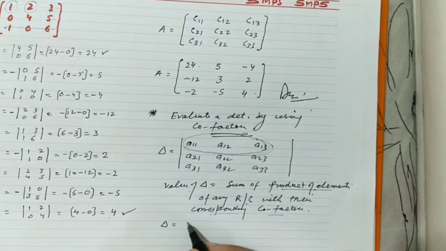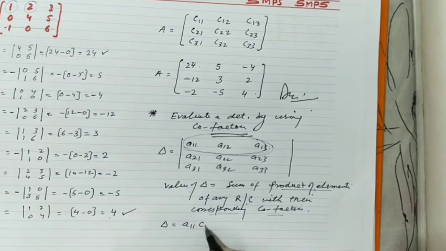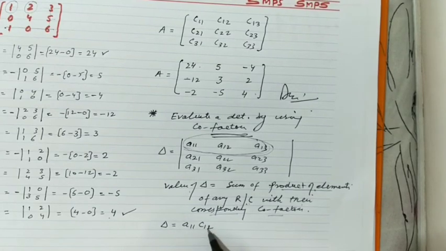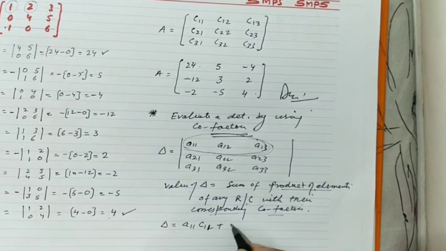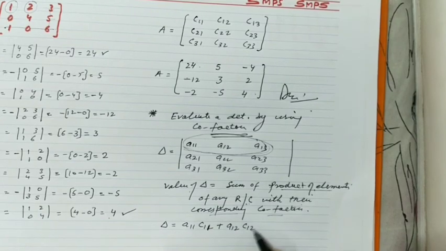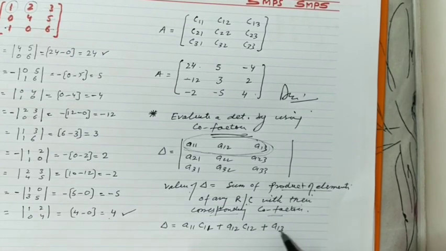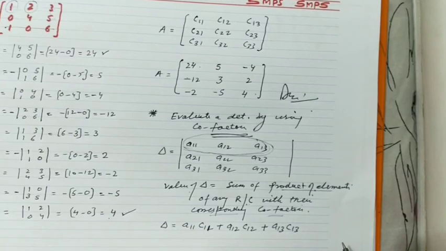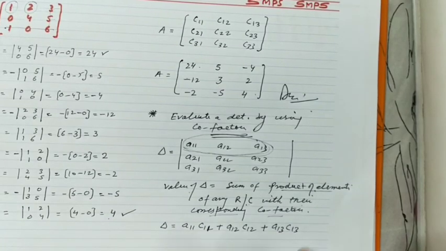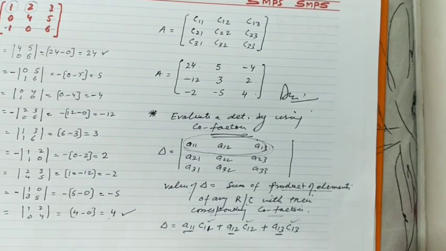How to write it by using cofactors? A11, the cofactor of A11 is C11, plus A12 C12, plus A13 C13. Sum of products of elements with their corresponding cofactors.